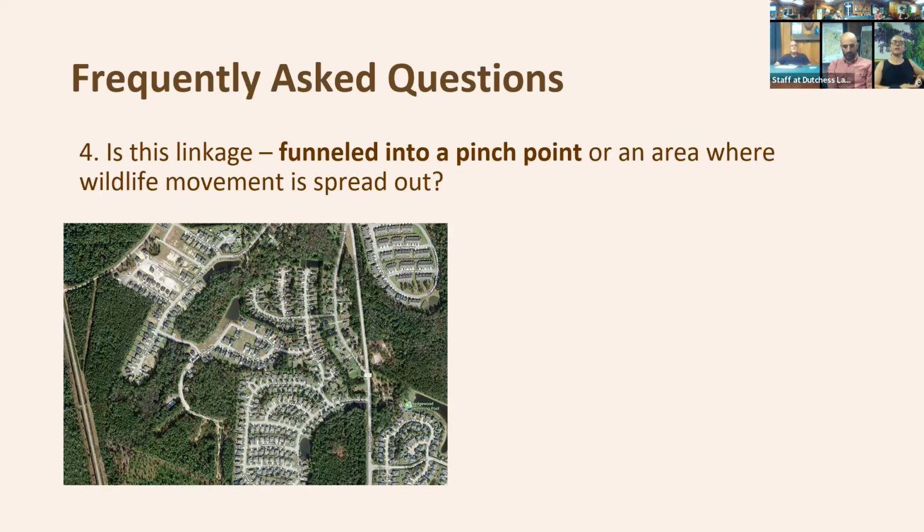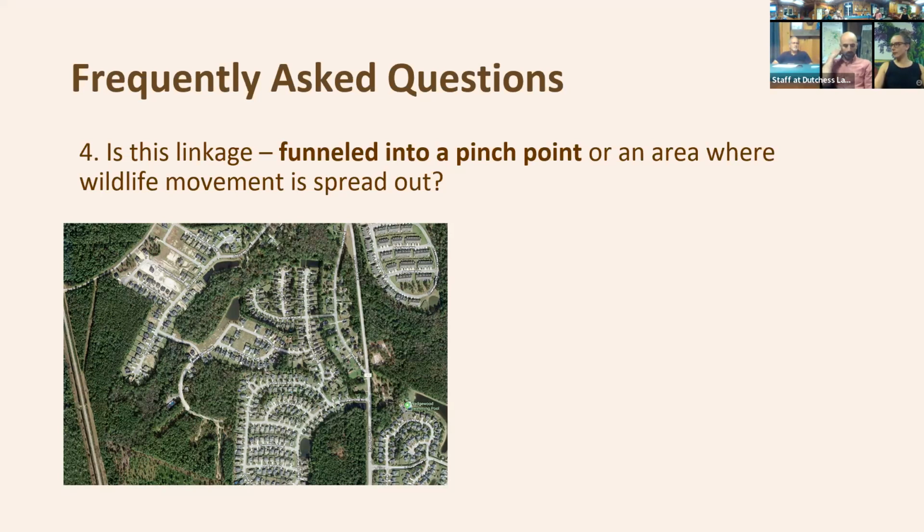The first question we have that confuses people in terms of on the ground categories is this question about whether the linkage is funneled into a pinch point or if wildlife movement is fairly spread out. So I wanted to use a couple of images to sort of describe to you what I'm thinking. So when a linkage is funneled into a pinch point, we're really thinking there's limited space throughout this landscape for wildlife to move, limited optimal space, right?